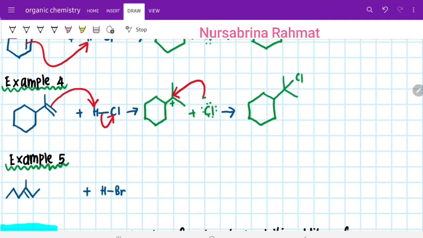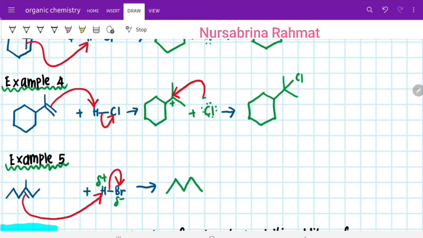So in this one again, from my carbon-carbon double bond, I attack my hydrogen here, and the bond will break heterolytically to the bromine atom. If you want to label, this is partially positive and this is partially negative. So we are making this carbocation.